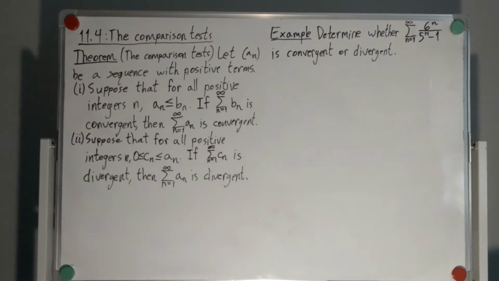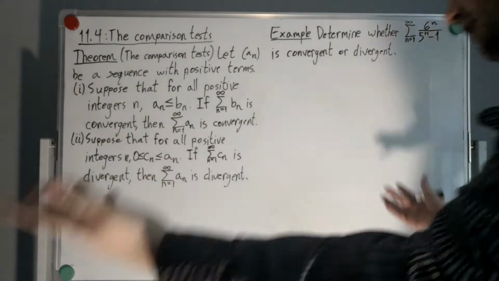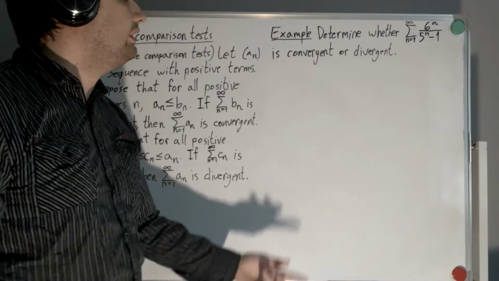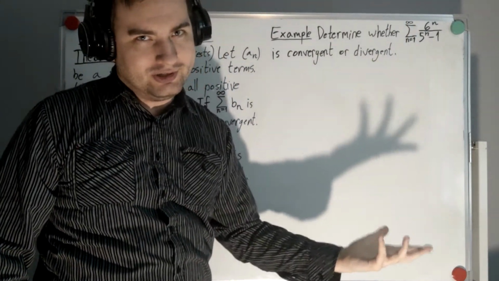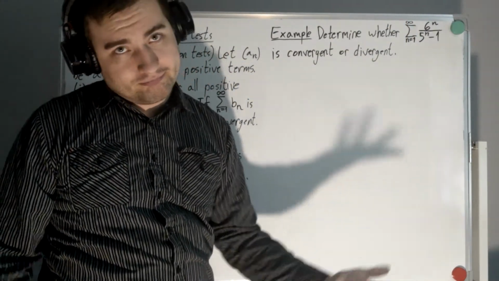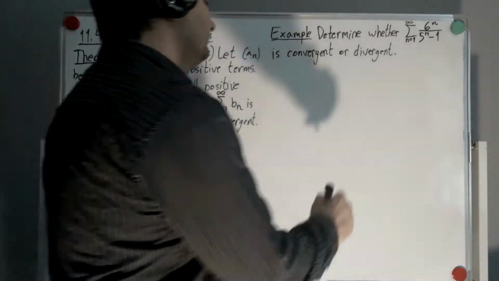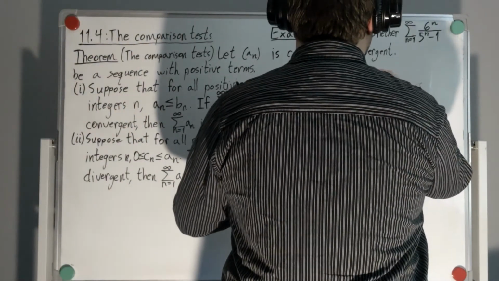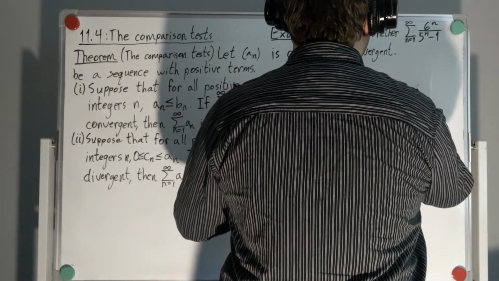Okay, and once again, we're trying to determine whether it's convergent or divergent. Okay. And so once again, we just say to ourselves, you know, if this 1 weren't here, it'd be easier to deal with. Okay, get rid of it then. So 6 to the n divided by 5 to the n.